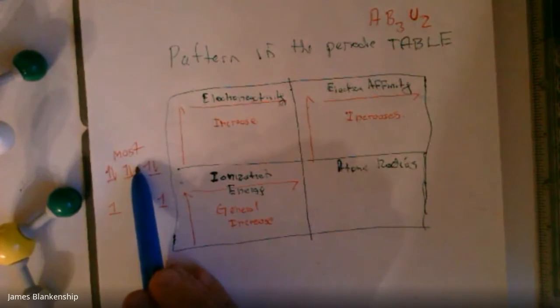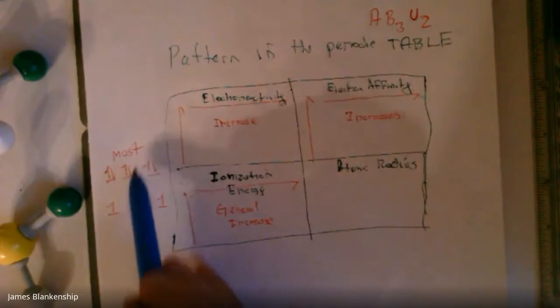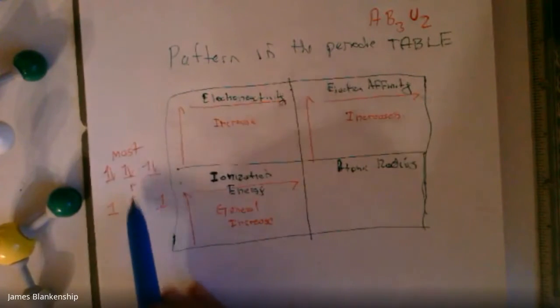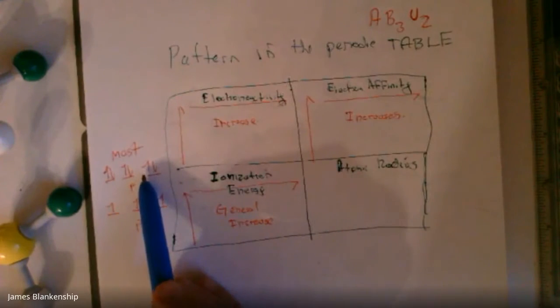Anything that's not completely filled or half filled is less stable. These are the 2 best ones, so they have the highest stability, so they will have the best ionization energies generally.